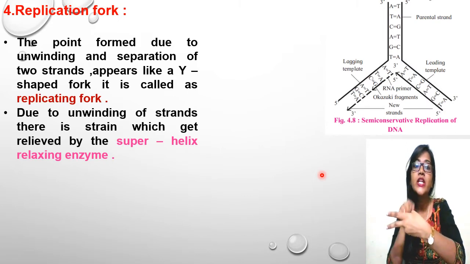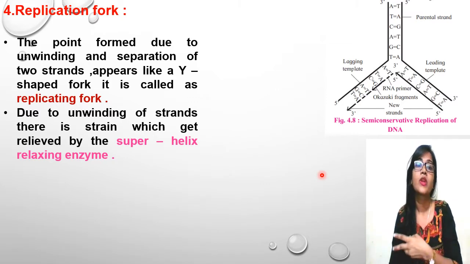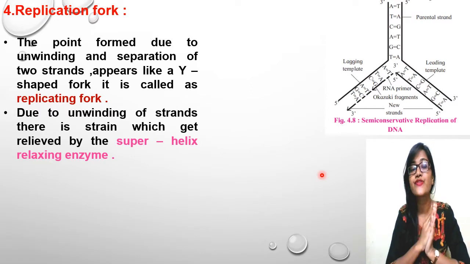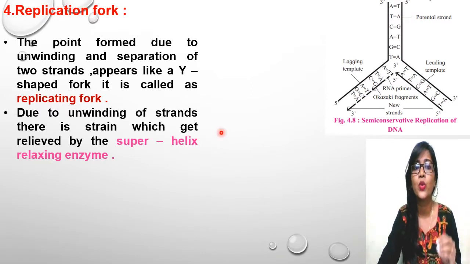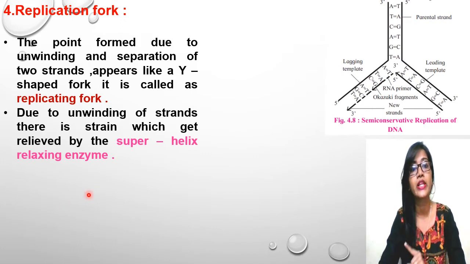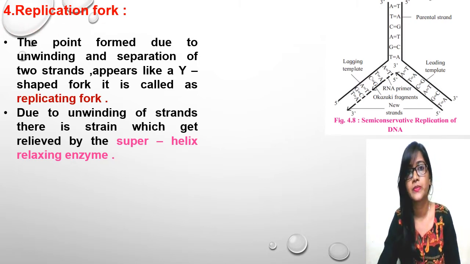For the release of that strain or tension, the supercoiling of the DNA, it gets relieved or minimized by a few groups of enzymes. These enzymes are known as super helix relaxing enzymes. So don't forget the name of the enzyme. This is very important if we are writing something about the replication fork.